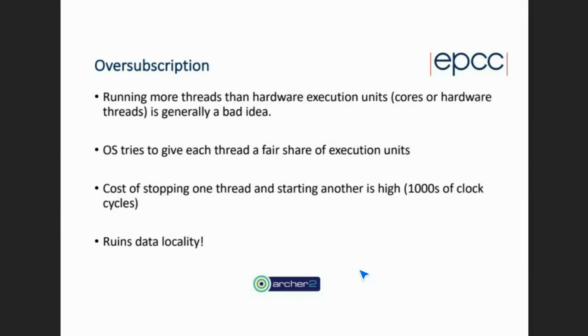The cost of stopping one thread and starting another, the context switch, is quite high: thousands or tens of thousands of clock cycles. It also means your threads typically start migrating about, which ruins all your data locality as well. So it is very rarely a good idea to run more threads than you have cores.